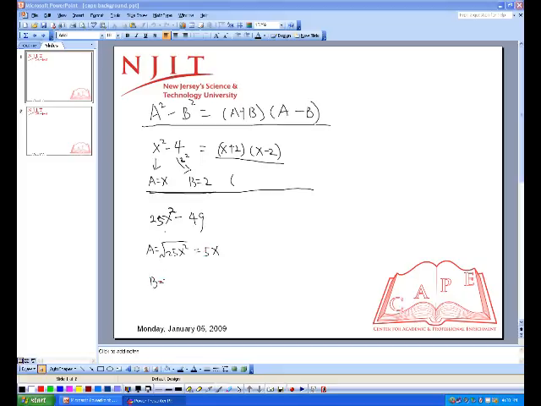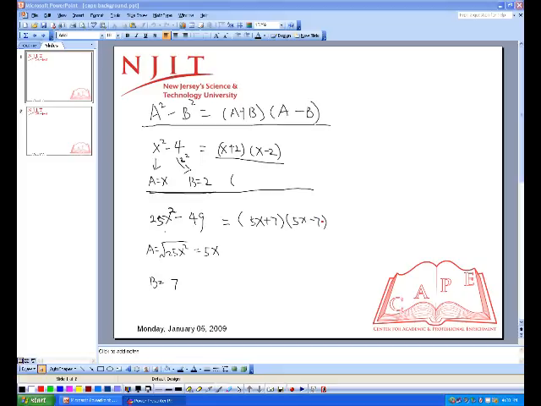And b would be the square root of 49, which is 7, because 7 squared is 49. So we find out a is 5x, b is 7. And then we just plug it into the formula. It's going to equal a plus b, so 5x plus 7, and a minus b, or 5x minus 7, and that will be the answer.